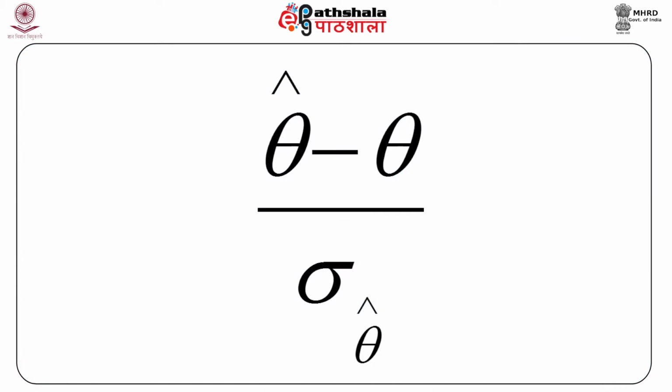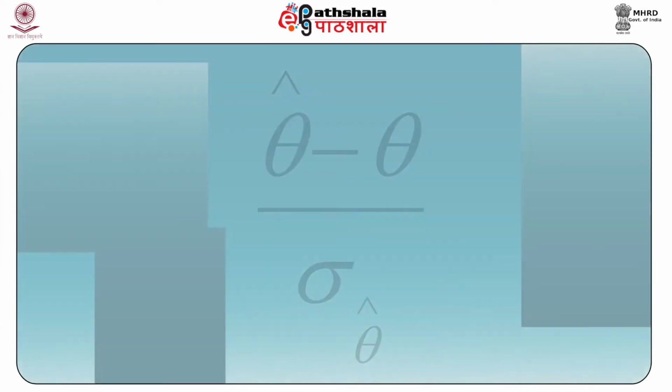The standardized variable theta hat minus theta upon sigma of theta hat has the standard normal distribution, and the Z test is applicable if the sample is large or standard deviation is known when the population is normal.